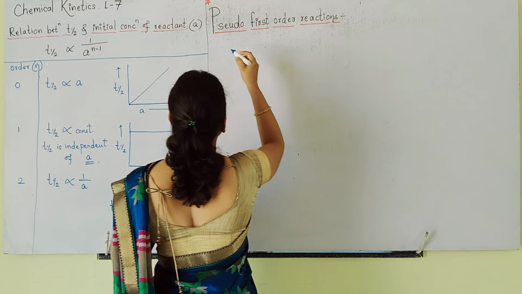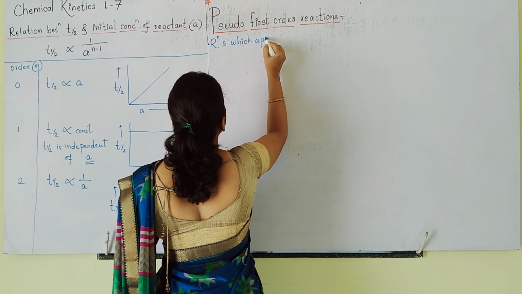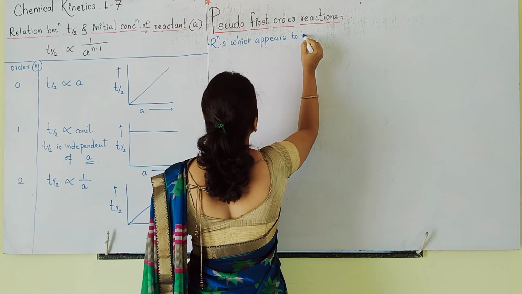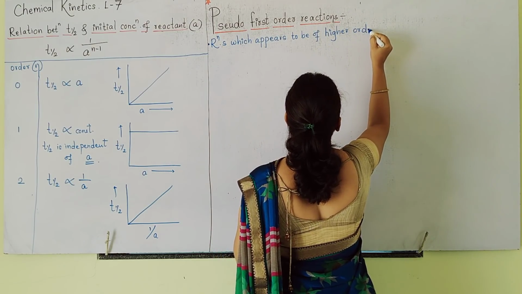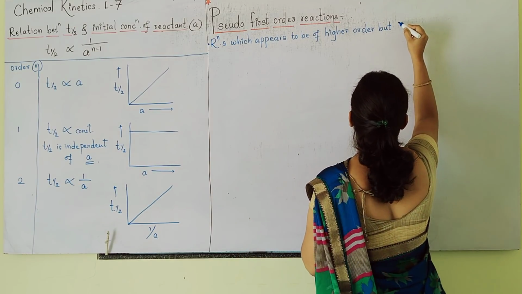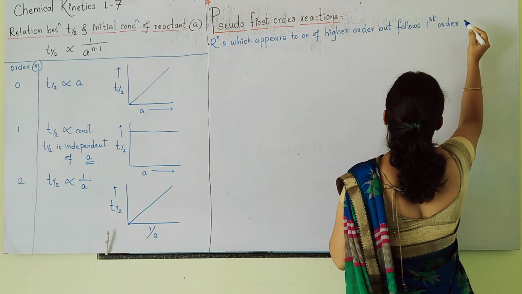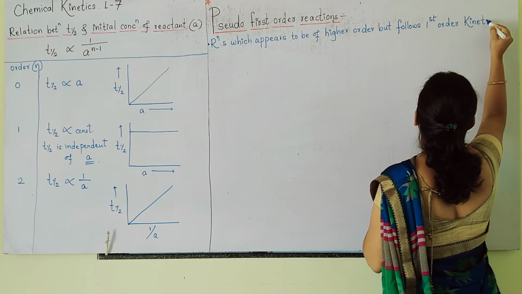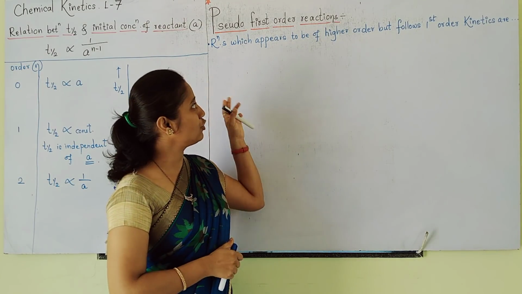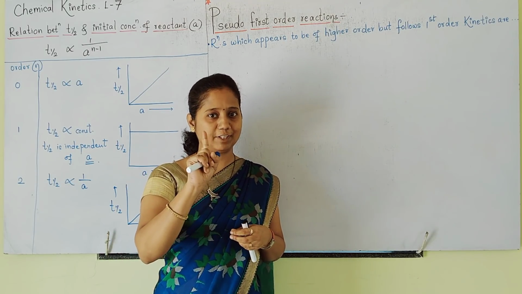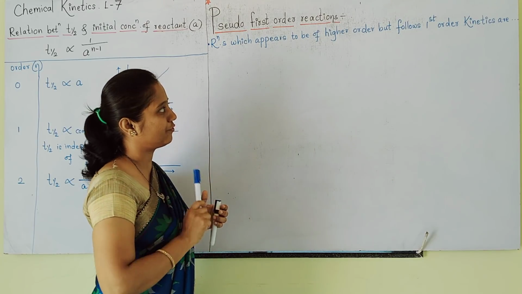Pseudo first order reaction: reactions which appear to be of higher order but follow first order kinetics are called pseudo first order reactions. Appears higher order but follows first order.